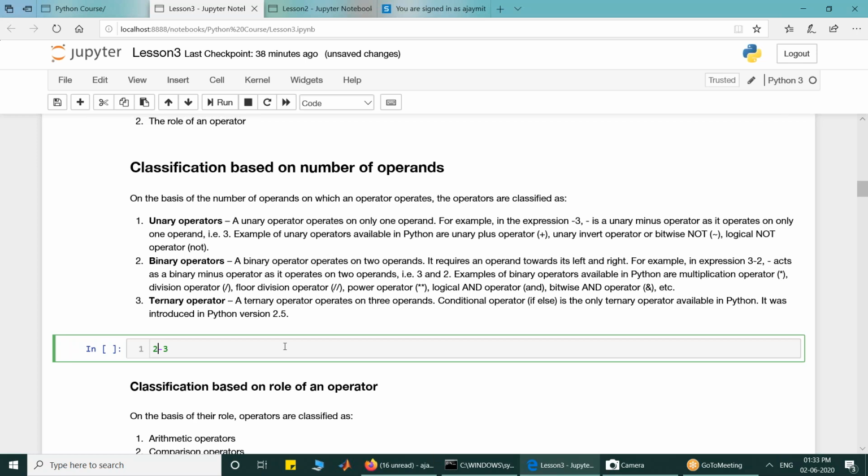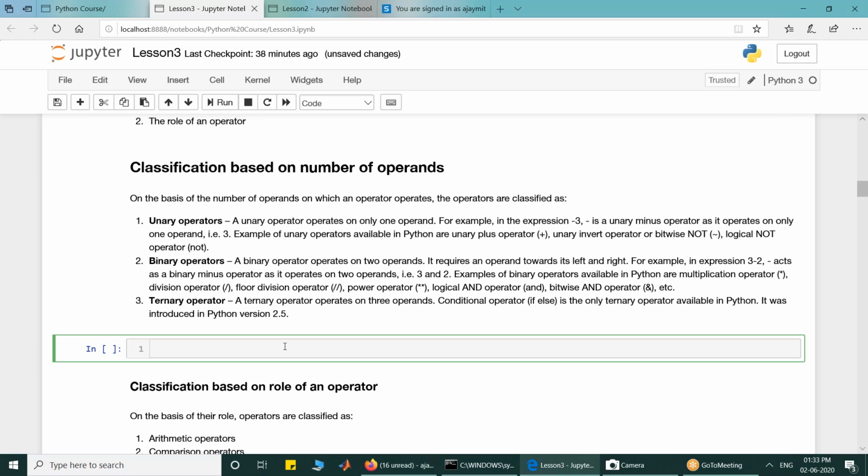But if I start writing it as 2 minus 3, now this instance of minus is treated as binary minus operator because it works on two operands, 2 and 3. So your operator can be unary if it works on only one operand. But if it works on two operands, then it is a binary operator. And if it works on three operands, then it is a ternary operator.